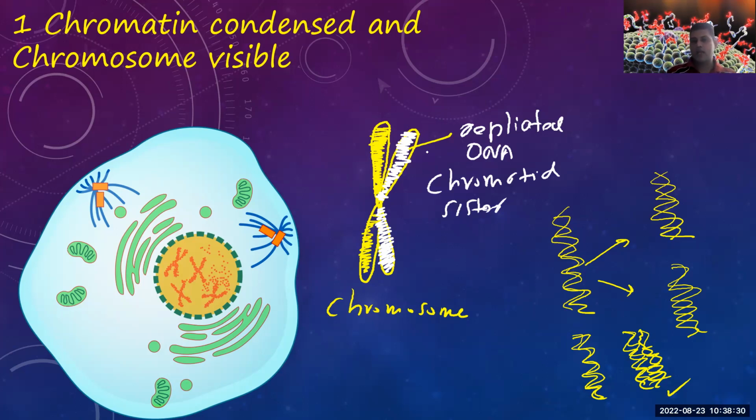Both are exactly the same because it's exactly the duplicated one. So we cannot say this is the original and this is the duplicated one. They are both exactly the same, replicated DNA. And the name given is chromatid. Chromatid is the name given to the duplicated, replicated one.